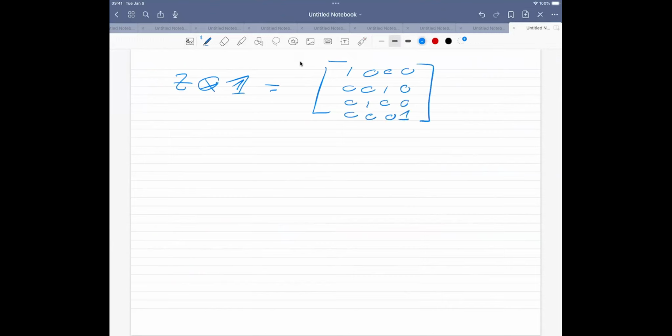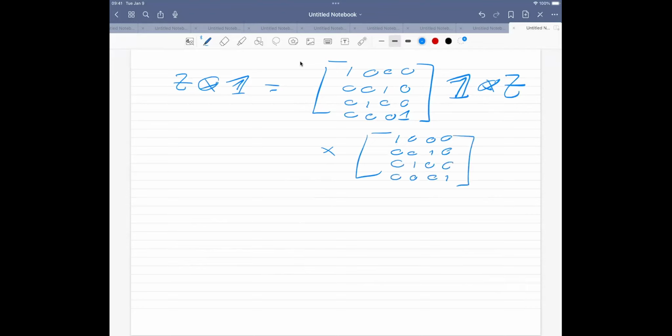And then I multiply with the matrix which I had here, and then multiply again with the swap matrix. So I'm simply performing a unitary transformation on my Hamiltonian. That leaves the eigenvalues unchanged, the unitary transformations.